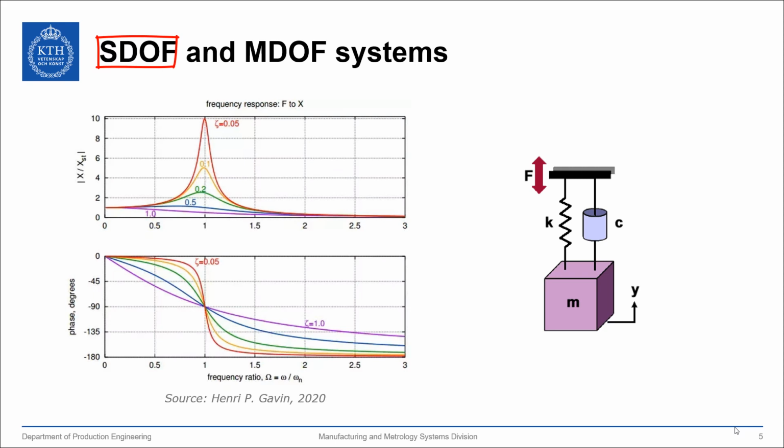Conventional components of a dynamic system are mass, resulting in inertial force, stiffness resulting in spring force, energy dissipating mechanism resulting in damping force, and external excitation force. In the figures to the left, we can see the response in the frequency domain in terms of amplitude and phase of a single degree of freedom system subjected to a dynamic force with constant frequency. Note the presence of only one mode in the response.